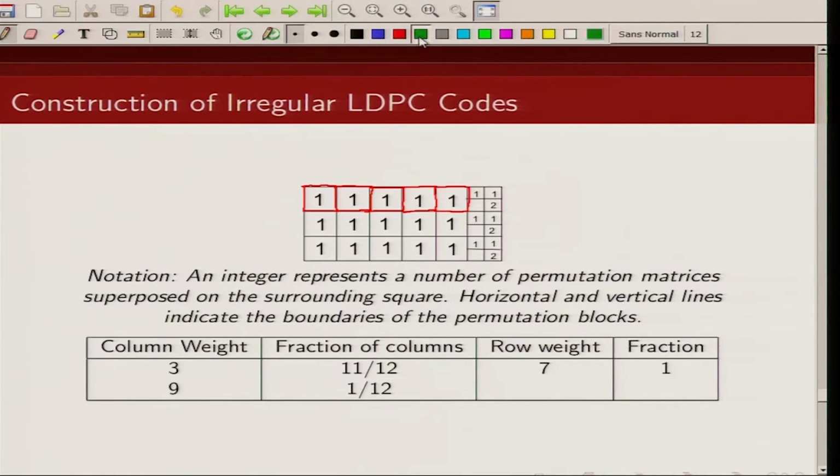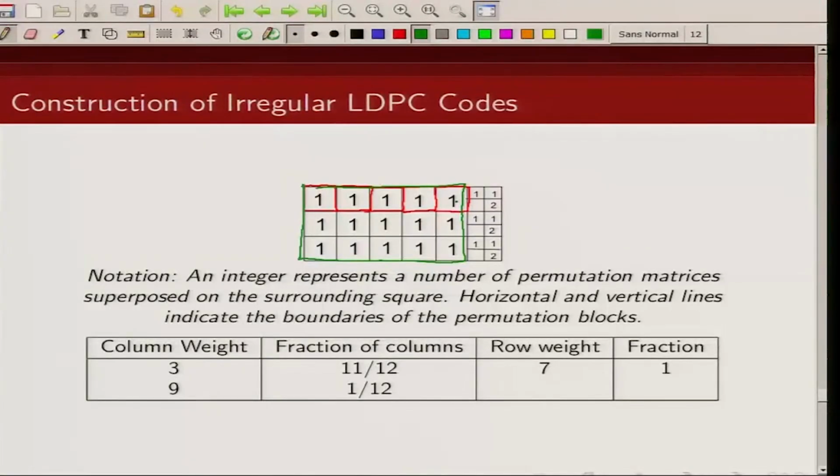Now, note that up to this point I am ensuring that each column has weight 3 and each row has weight 5. Now, I need column weight 3 for 11/12 of the columns. So, I already have 5/6 of the columns with column weight 3.